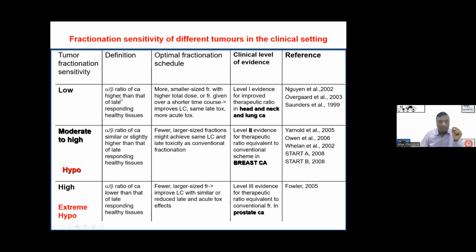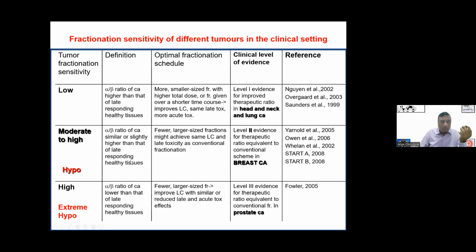The alpha by beta for late responding healthy tissues is of the order of 2 to 5. And in head and neck cancer, the alpha by beta of the tumor is almost 10 to 12. So the alpha by beta of a cancer is much higher than the late responding tissue, and therefore we need a smaller size fraction with higher total dose in head and neck.